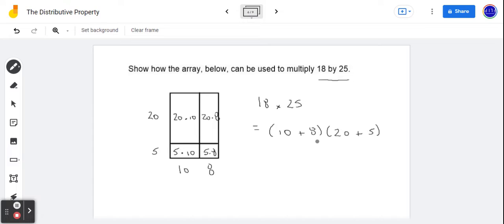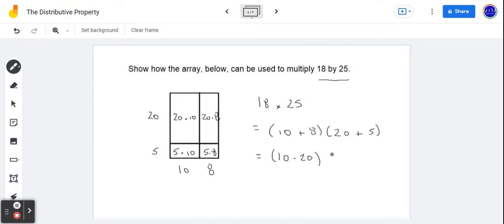So we have a pair of binomials. That means the partial products are as follows. We have 20 multiplied by 10. I'm just going to flip that around because I ended up writing my terms in a slightly different order. So 10 multiplied by 20. That's our first partial product.